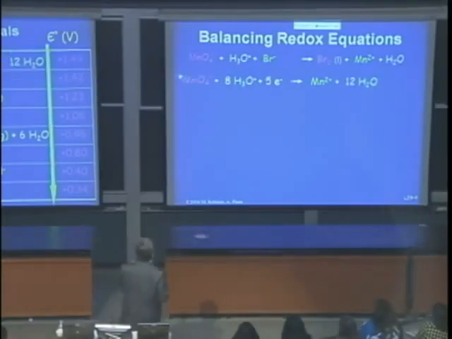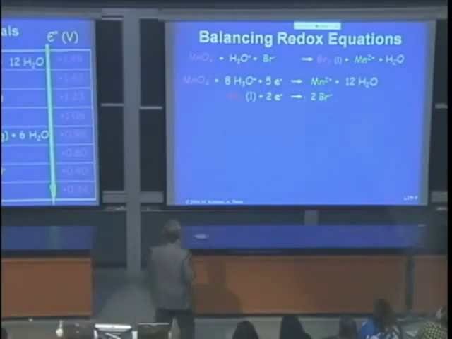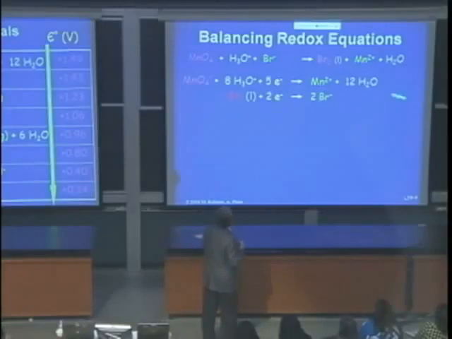Okay, that's the first part. Now we need to find a second one where we have Br- and Br2 in there somewhere, and lo and behold, it's right here, okay? Br2 liquid plus 2 electrons gives 2 bromide ions. So now, if I add this up, I don't get this here.